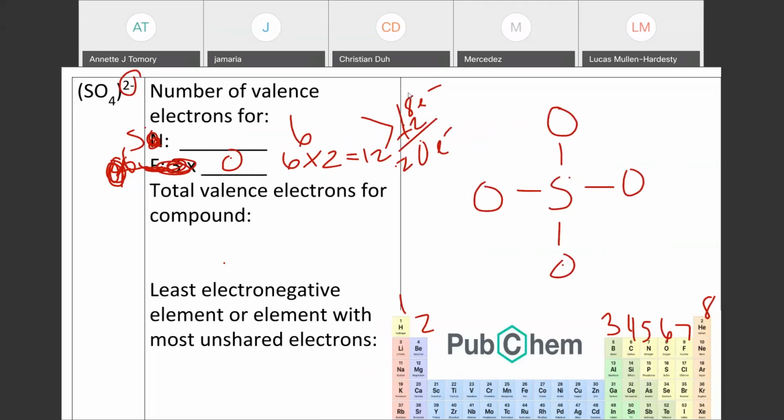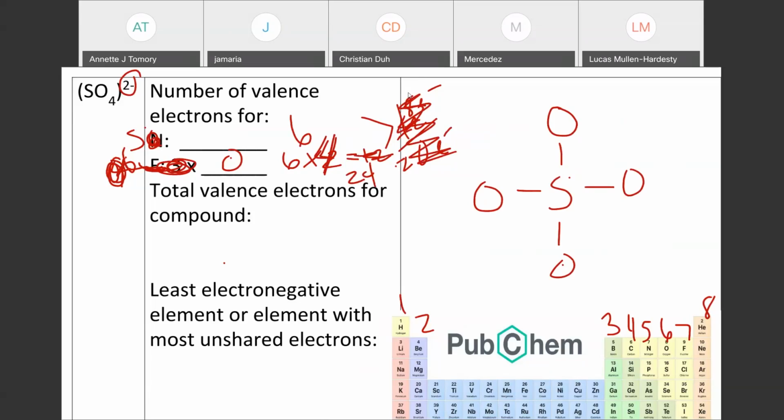Okay. How many electrons are we supposed to have right now? To begin with, we had 6 from sulfur and then 12. Oh, that's supposed to be a 4, isn't it? Shouldn't it be in total 32? Okay.